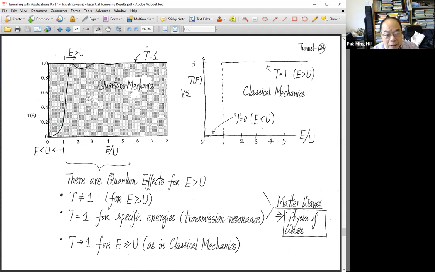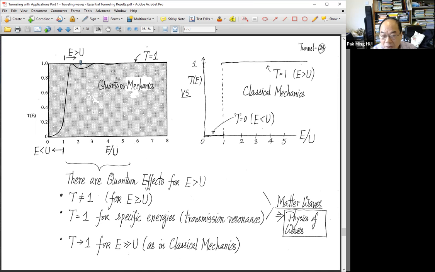Now, interestingly, there are quantum mechanical effects even for the incident energy above the barrier. It is shown as a few of these resonances here. So for example, for this particular energy, it is above U, above the barrier.